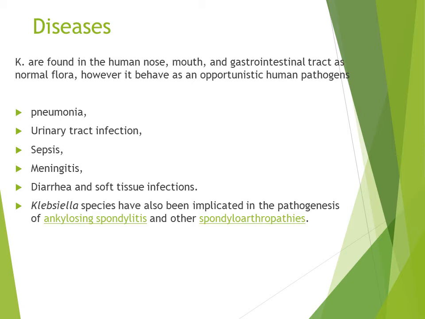However, it behaves as an opportunistic human pathogen, causing pneumonia, urinary tract infection, sepsis, meningitis, diarrhea, and soft tissue infection. Klebsiella species have also been implicated in the pathogenesis of ankylosing spondylitis and other spondyloarthropathies.